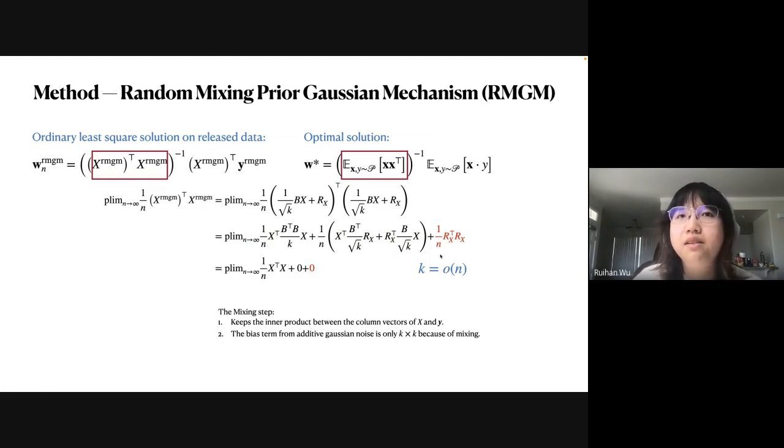And second, the bias term consisting of additive Gaussian noise is only, sorry, it shouldn't be k by k, it's only related to order k, and we can choose small k to guarantee that the last term will converge to 0.